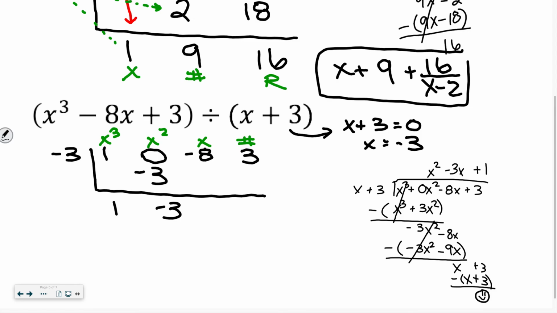Then multiply: -3 times -3 is 9. Then add down, 1. Then times -3 is -3, add down, 0.